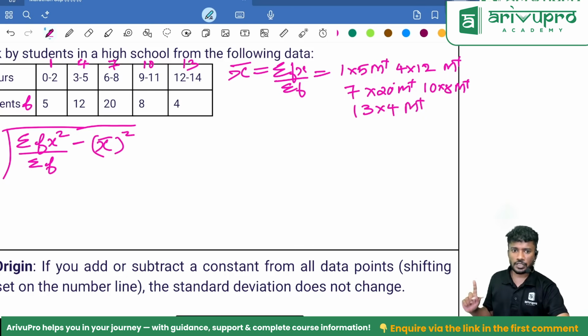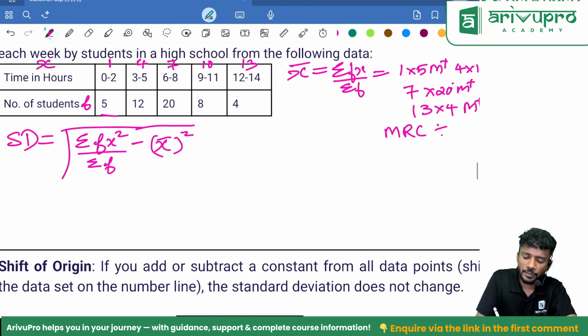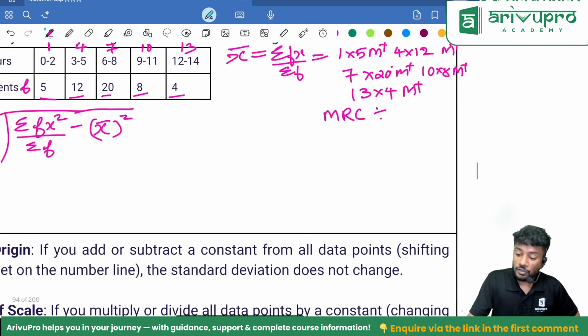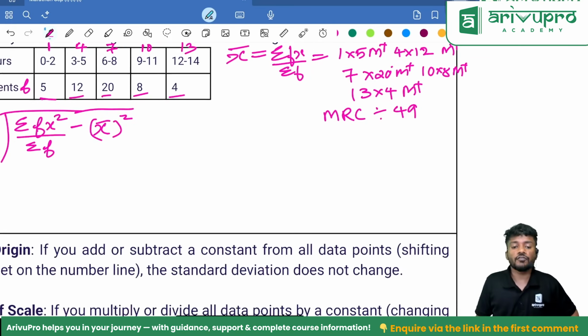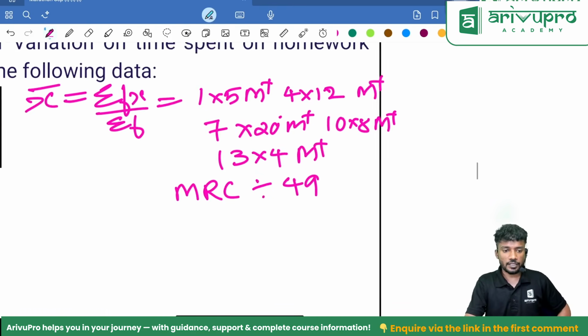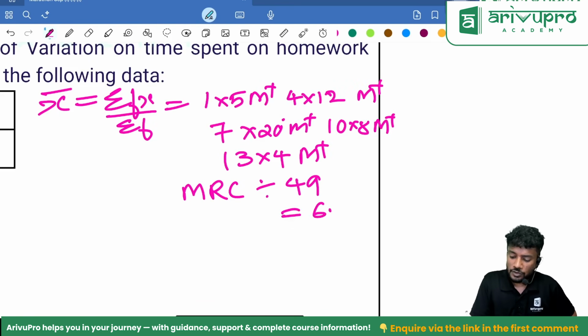Now finally you will do MRC divided by sigma f. 5 plus 12 plus 20 plus 8 plus 4 is 49. So MRC divided by 49 is how much? This is the x bar we are finding, the mean value. It is 6.63. Everyone got the x bar value?